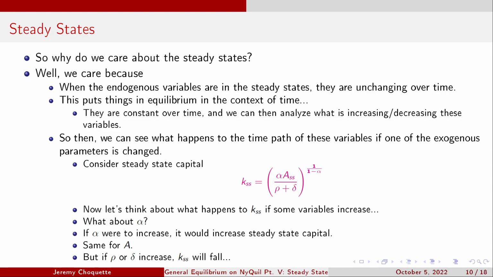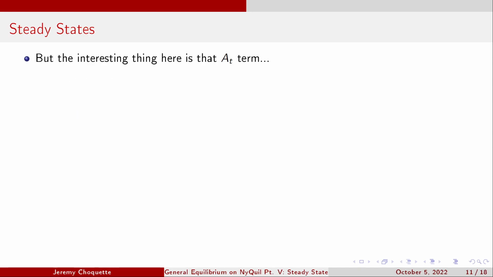And because you're buying fewer investment goods and more consumer goods, steady state capital is going to fall. And what happens if delta increases? Well, if the rate of depreciation increases, then steady state capital will also fall. Now, those two guys are in the denominator. So if you increase anything in the denominator, because fractions, the overall number is going to fall.